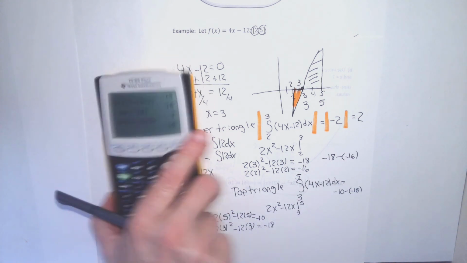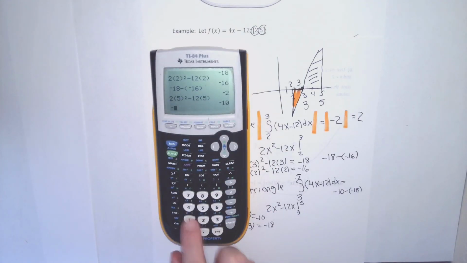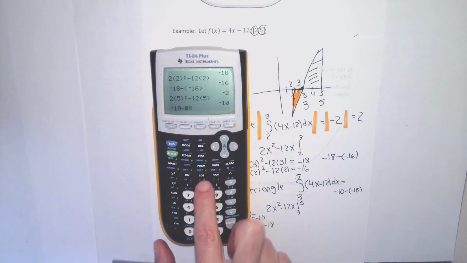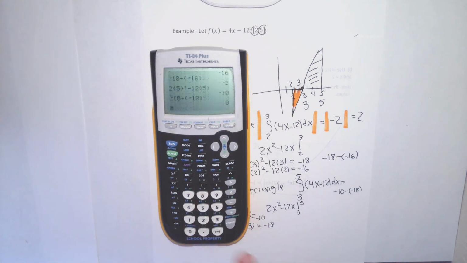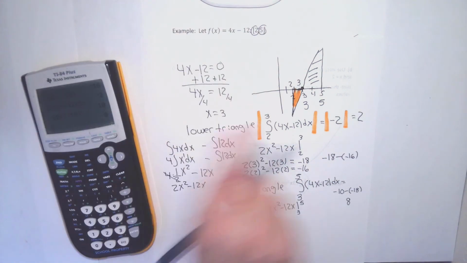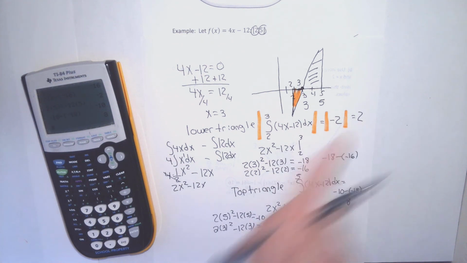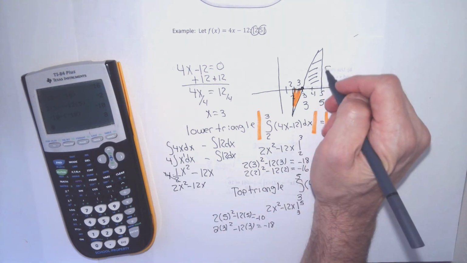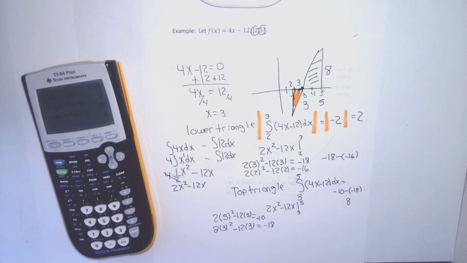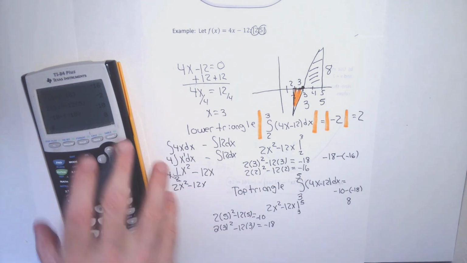And when I do negative 10 minus negative 18, I get 8. So bottom triangle, integral comes out to negative 2, area is actually positive 2. Top triangle, integral comes out to positive 8, area is actually positive 8.